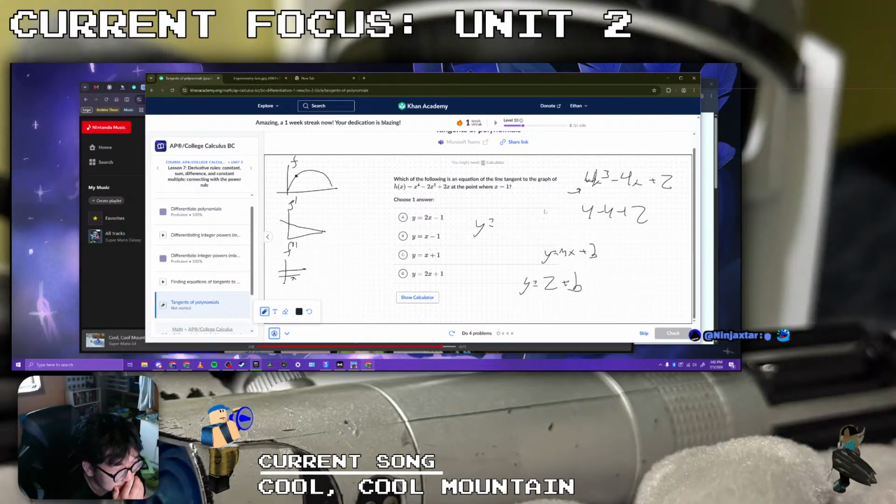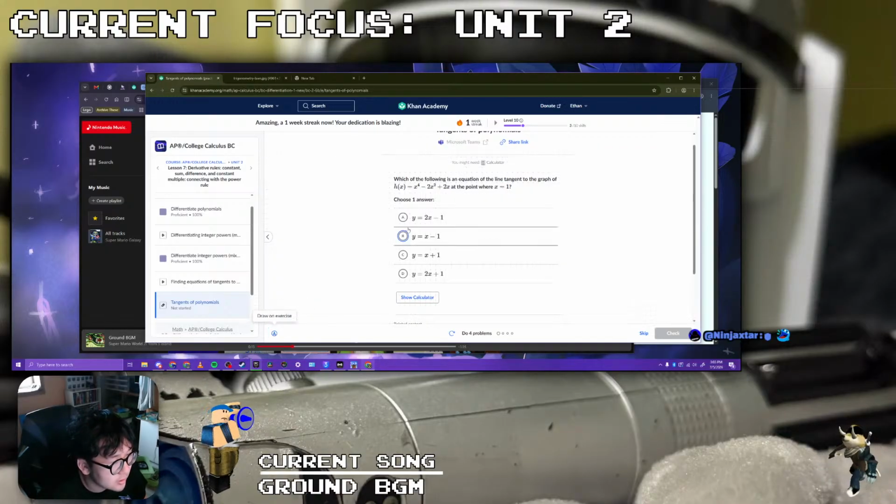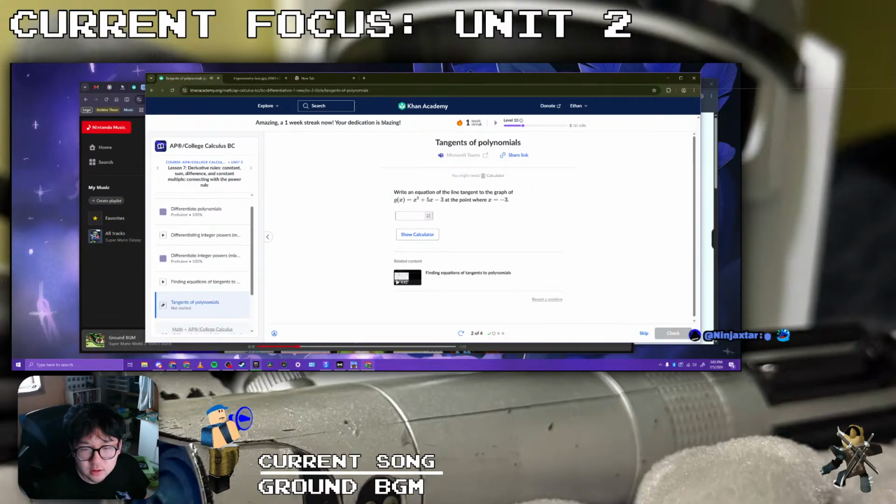This is the easiest part. We found the slope. Oh, we can find the coordinate. It's going to be 1, so now we have 1 equals, so b is -1. If you didn't understand the process there, that's fine. I kind of went around in circles for a second before I could figure it out.